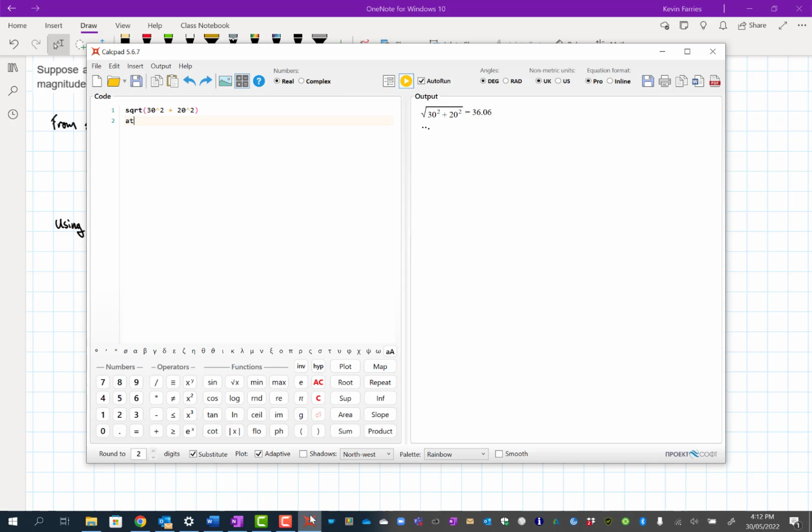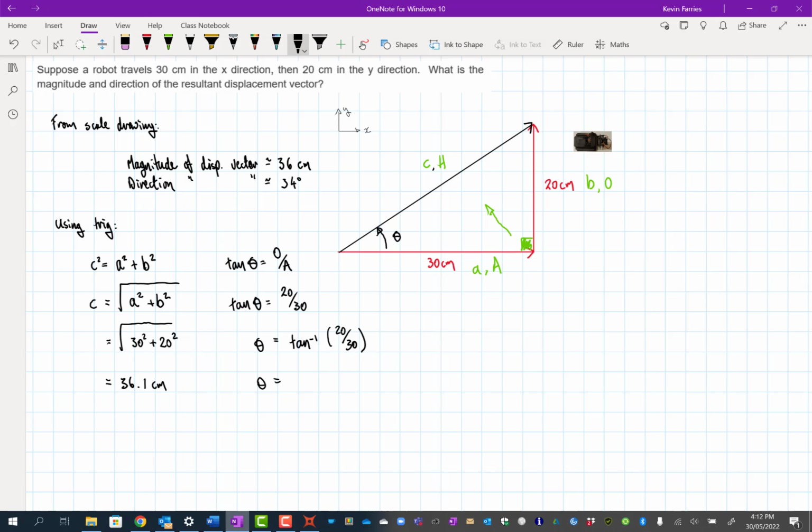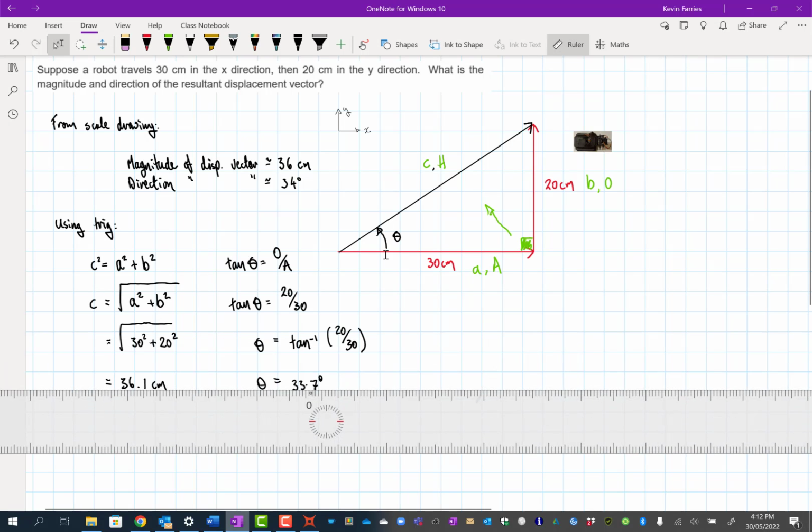so this little calc pad I think uses arctan. And one thing, again, we're just checking, it's definitely in degrees. Yep. So 33.7 degrees. And this agrees pretty closely with what I can measure on this in OneNote, though I can't measure more accurately than 1 degree with my ruler. But it's close enough to be confident we've got the right answer.